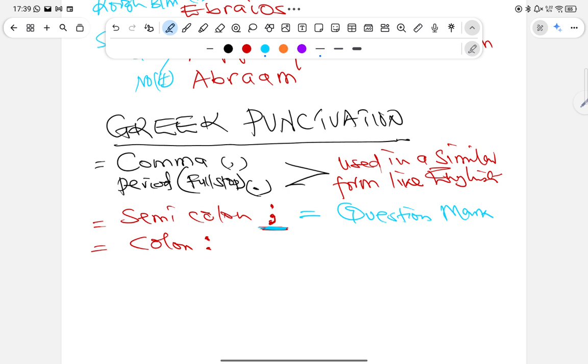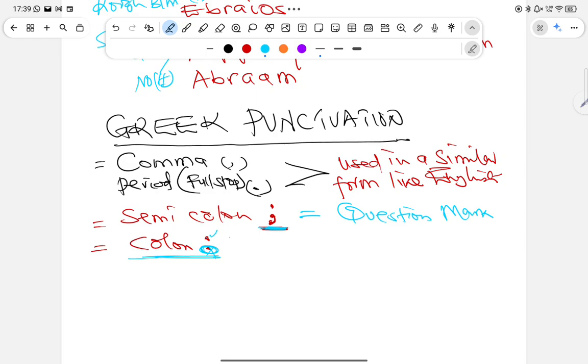Now, if you're going to look for the colon, which is for listing things and all of those, you're probably going to be looking for something like this. But Greek does not have it. So instead of these two dots, Greek has the upper dot without the lower one.